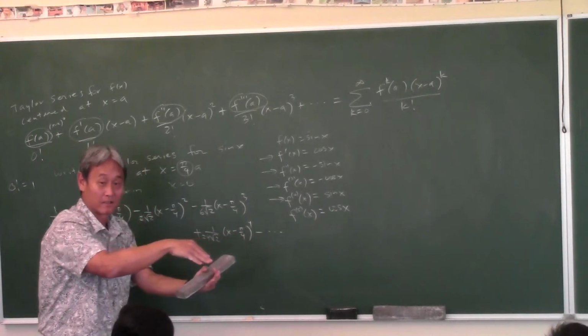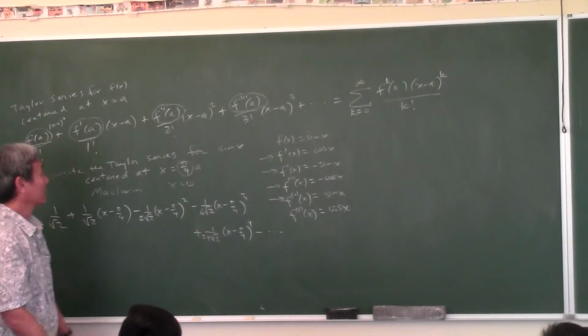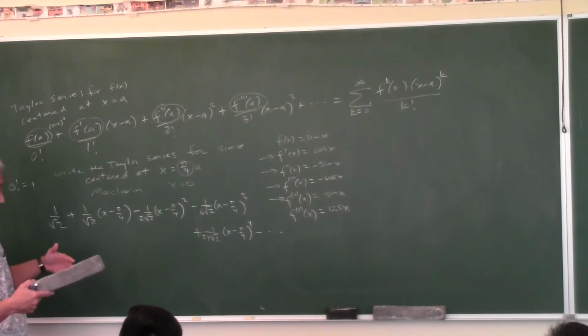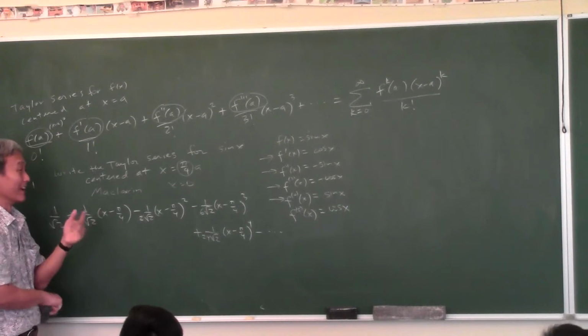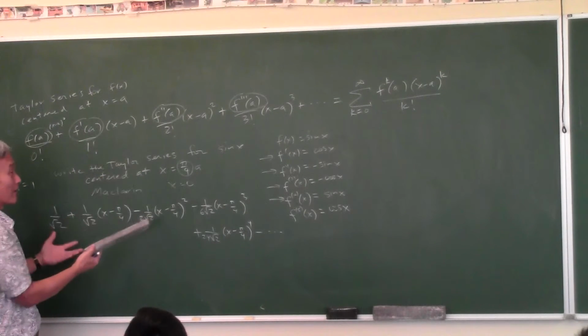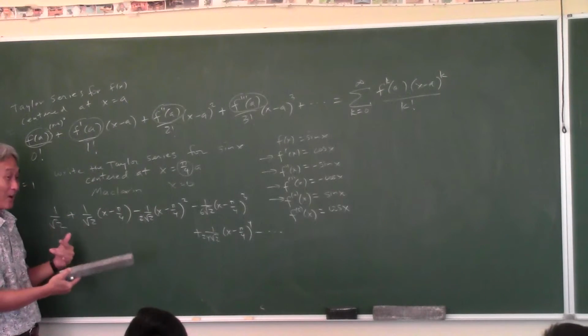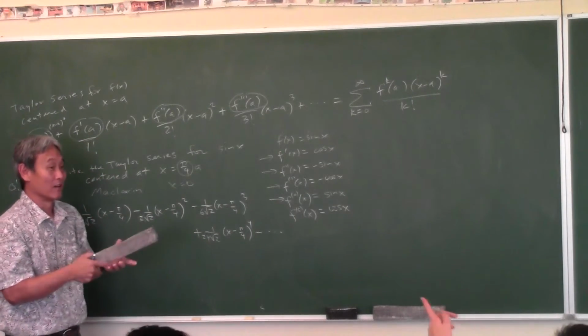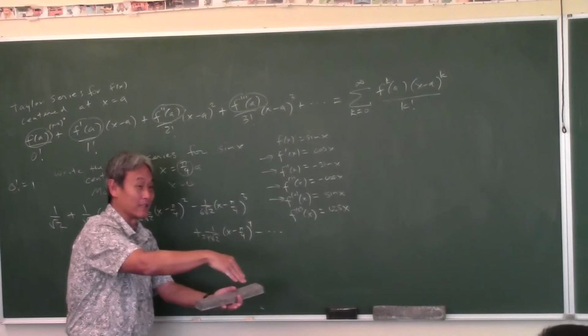It's not orbiting. Instead of x minus 0, you use x minus something else. Can you give us an example?